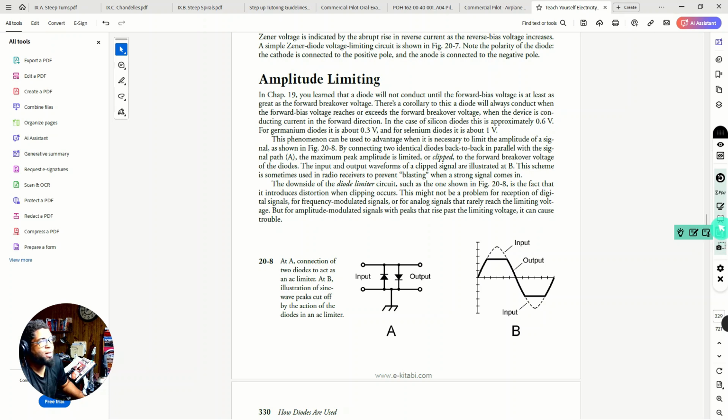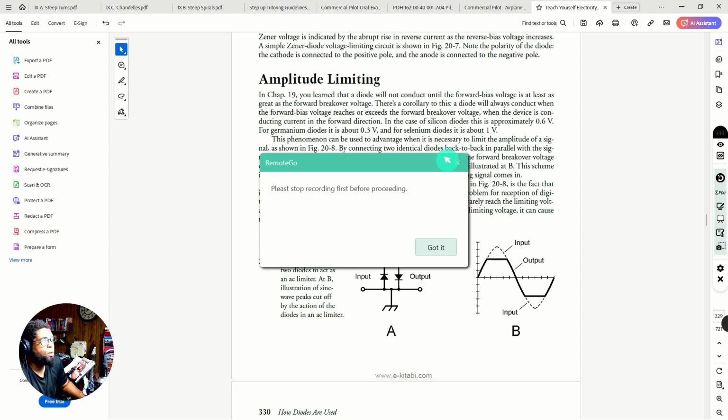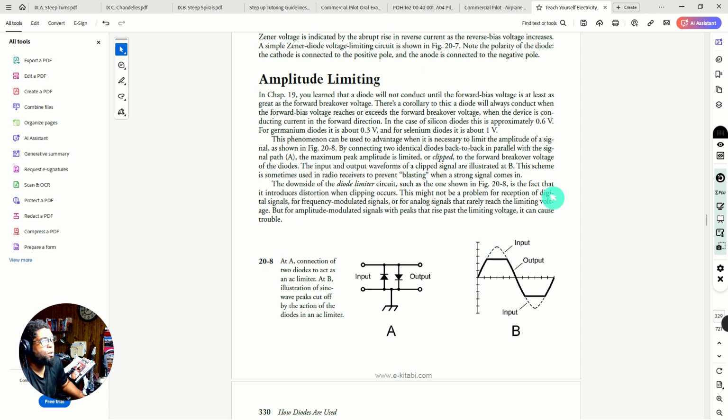They're put in parallel with a signal, in opposition to each other. And what we're going to get out of this is that the peaks of our signal will be chopped off, essentially.